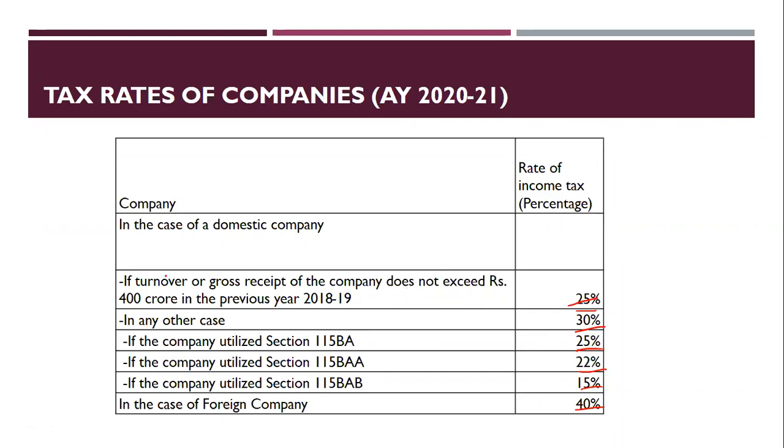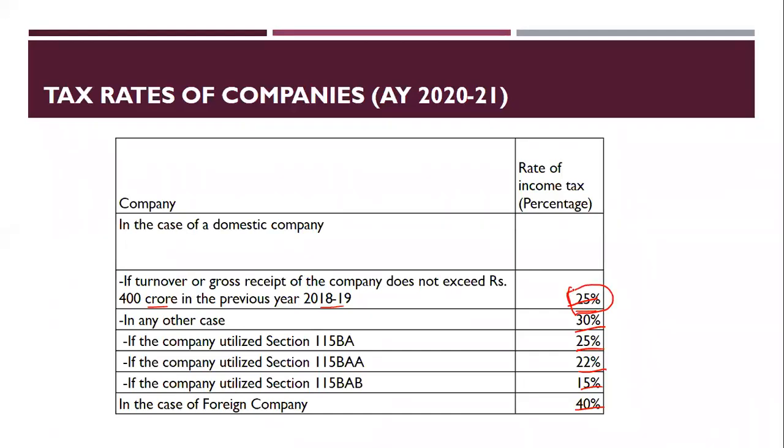If the turnover or gross profit of the company does not exceed rupees 400 crores in the previous year 2018-19, that time you can claim this option.